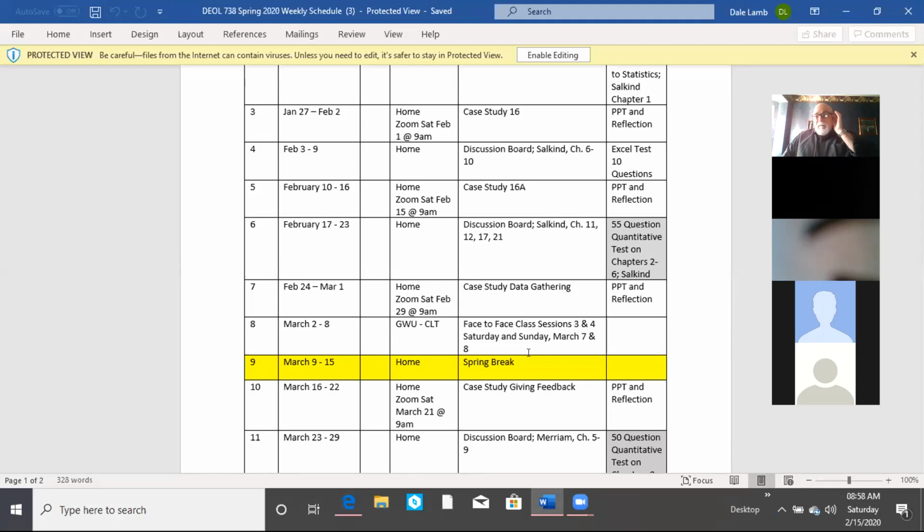The pro account has really nice features that make it easy to set up recurring meetings, so all the Zoom links will be the same throughout the semester.